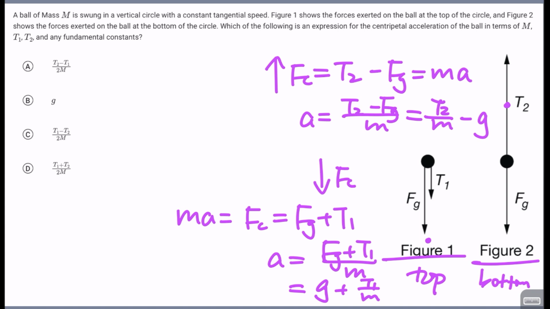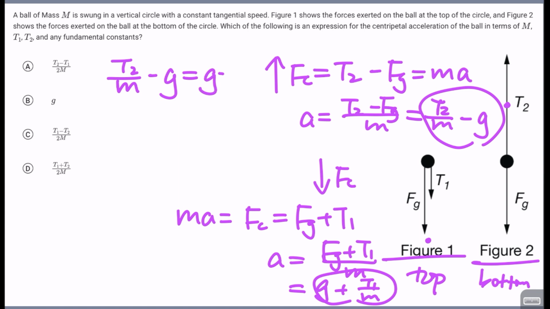And we know that these two values should be exactly the same. So I'm going to set up an equation: T2 over m minus g is equal to g plus T1 over m. Then I'm going to move g to the right hand side and move everything else to the left hand side.